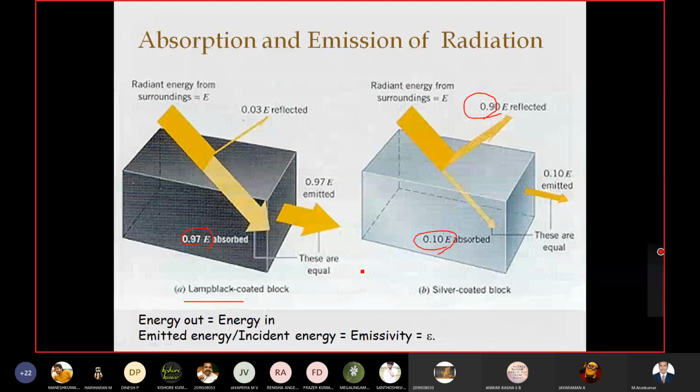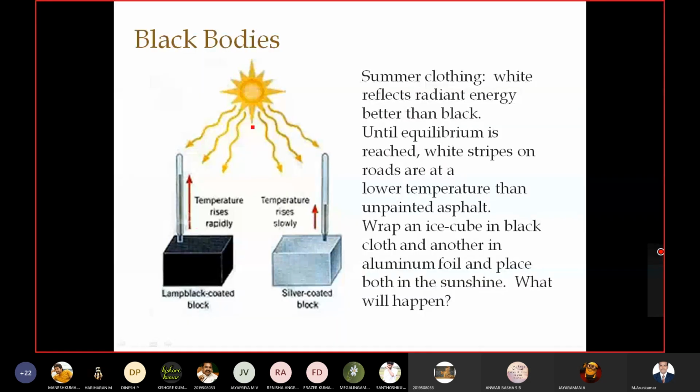Then there is a comparison between the two bodies: the black coated block and the silver coated block. The temperature rises rapidly in the black coated block, and rises slowly in the silver coated block. Summer clothing in white reflects radiant energy better than black.